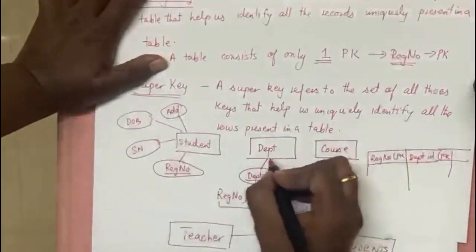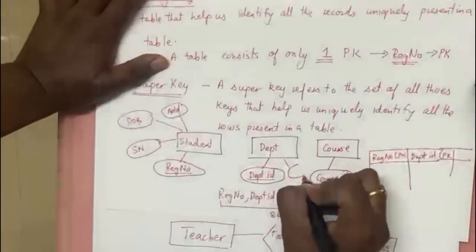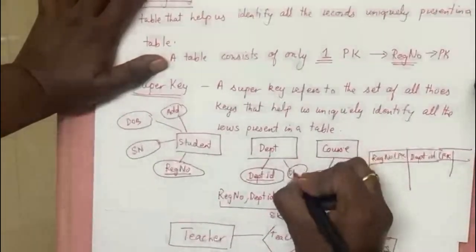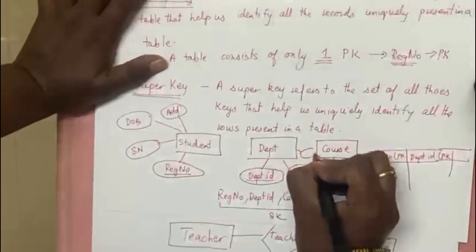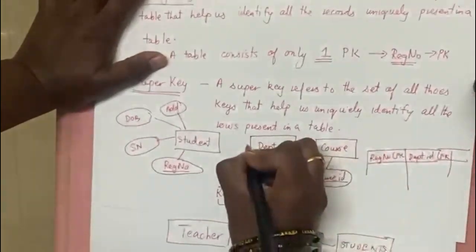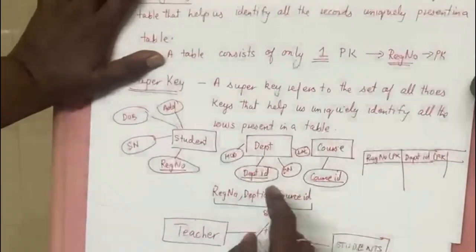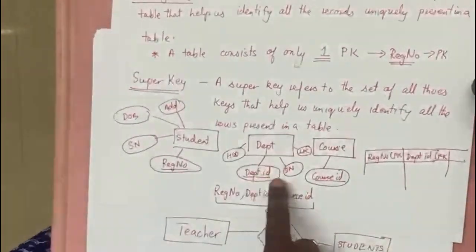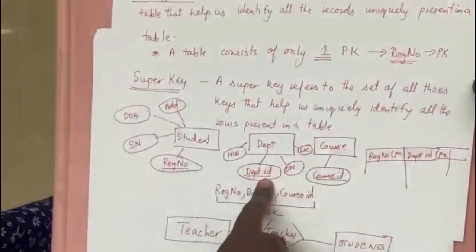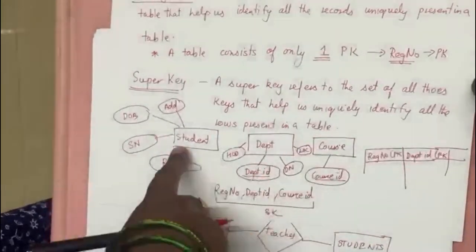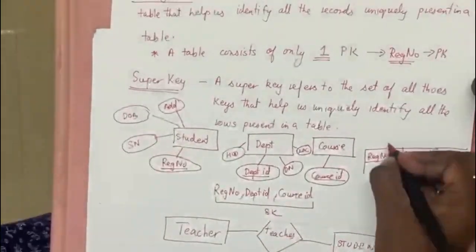So from the department table, when I am connecting these two tables, I can get the department name, the location of the department, and the HOD of the department. So all these things I can combine in these two tables through a key called as department ID, which is a primary key in the department table and a foreign key in the student table.